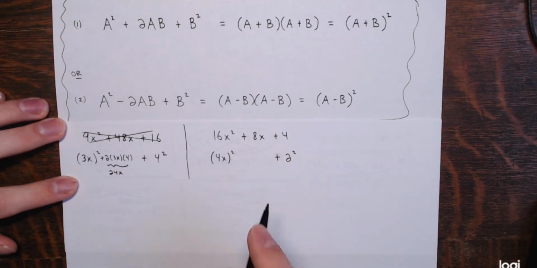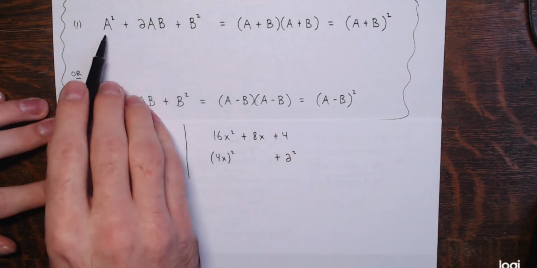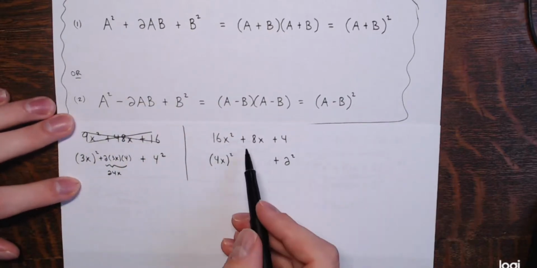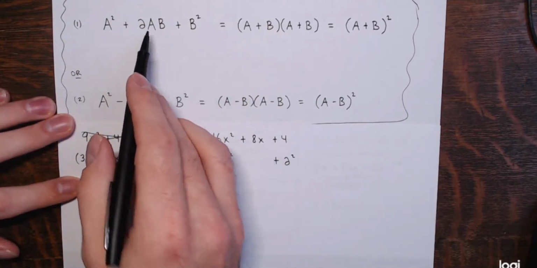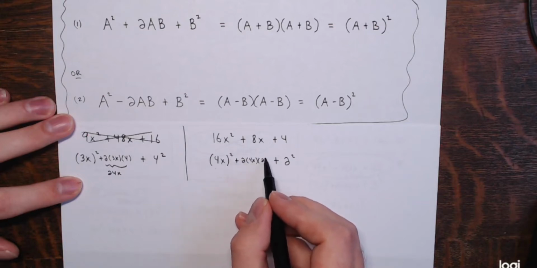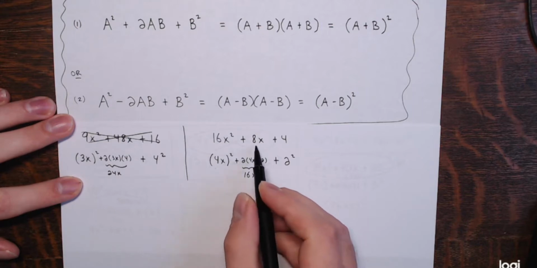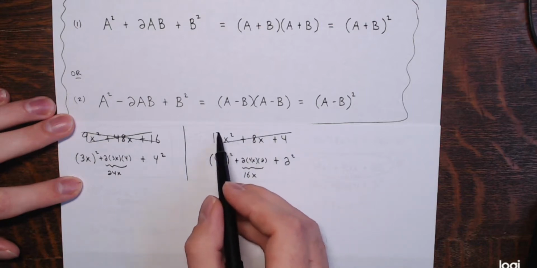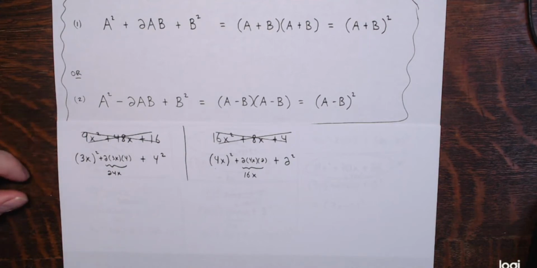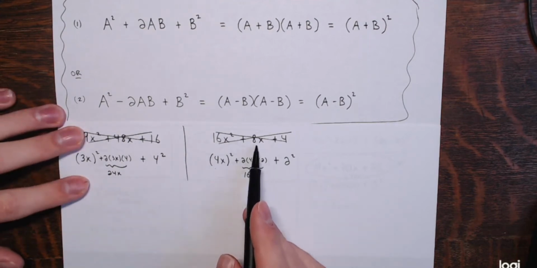So I'm going to treat a like 4x and b like 2, and the middle term is plus 2ab. Plus 2 times 4x times 2. What is that? That's 16x, not 8x. So that's no good. That is not a perfect square trinomial. If it were 16x in the middle, then it would be, but it wasn't.